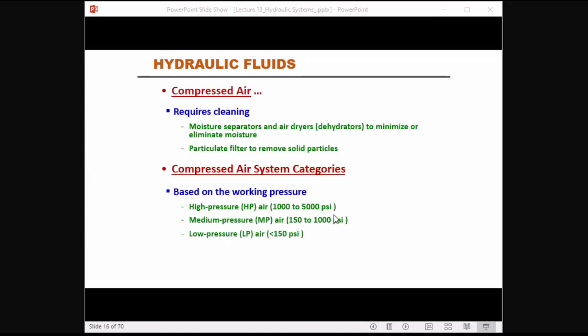According to my memory, pound. Yeah, I check. PSI means pounds per square inch.